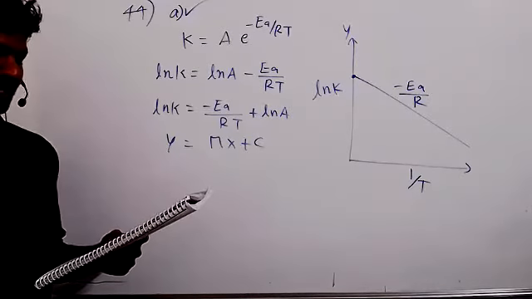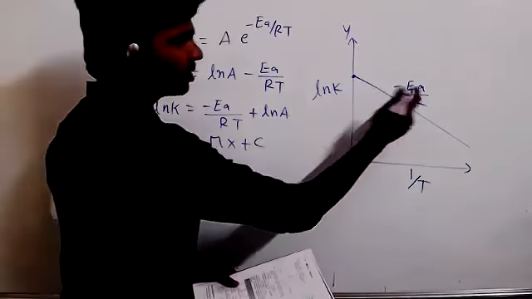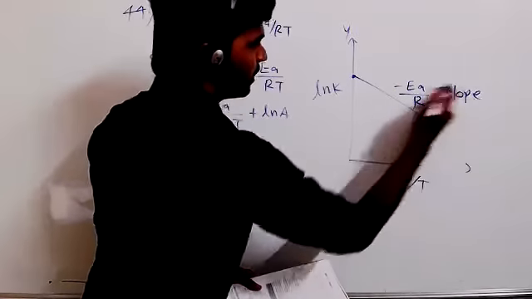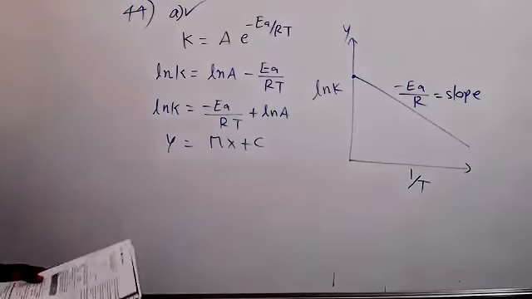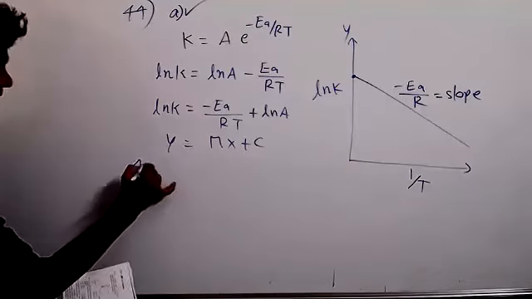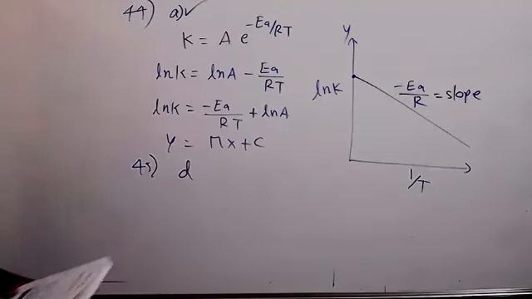The slope of the line is equal to minus Ea by R. So option D is correct. Question 45 is D.